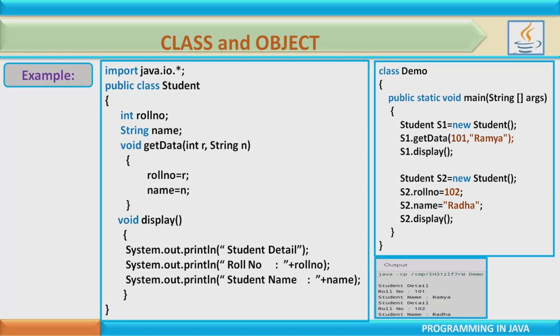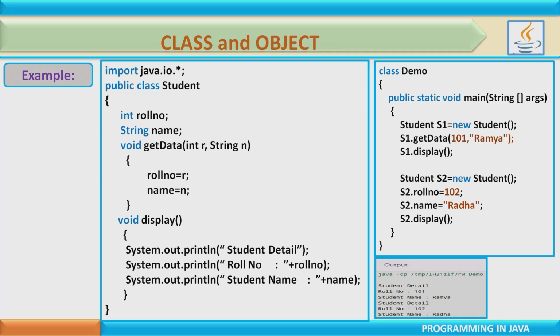Inside the main method, we have created an object s1. With the help of the s1 object, we called the getData method by passing the parameters 101 and name as Ramya. With the help of the s1 object, we called the display method that is used to display the roll number 101 and the name Ramya.